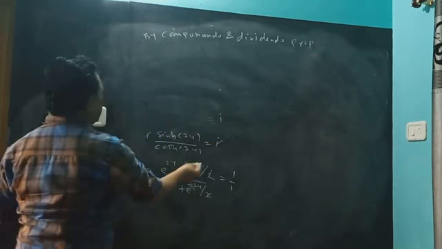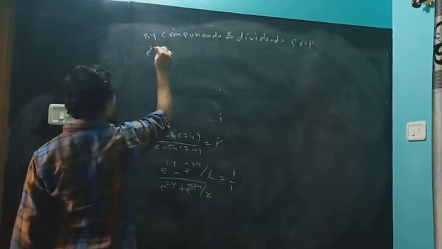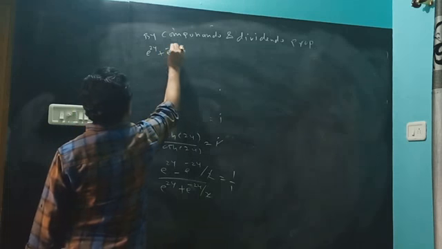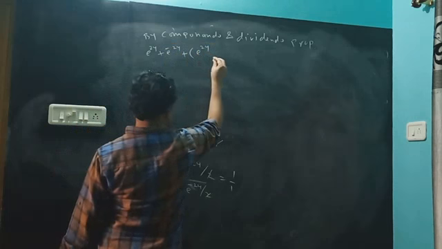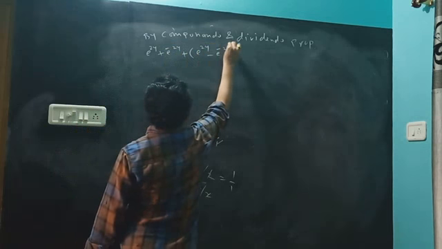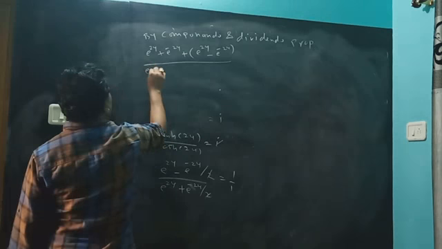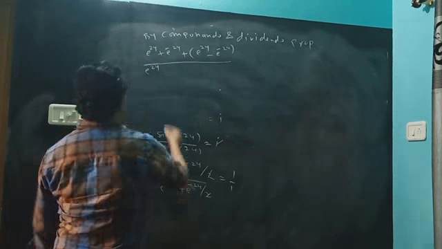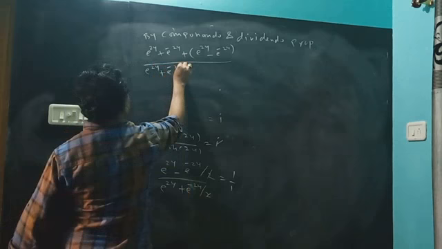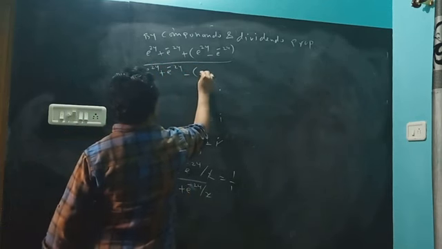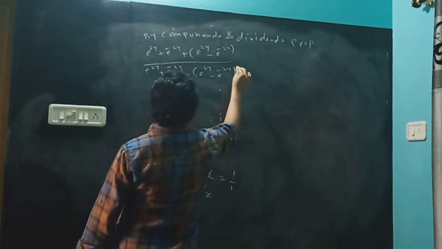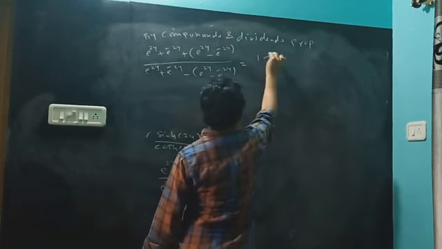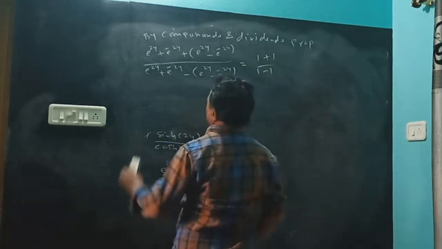So their addition, e raised to power 2y plus e raised to power minus 2y, and their subtraction.